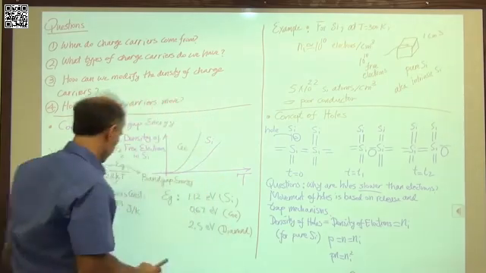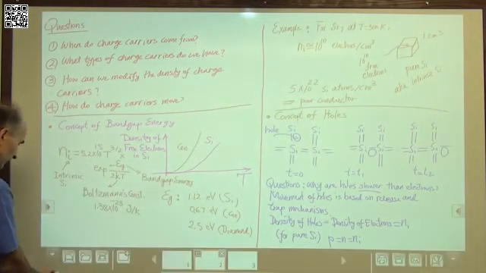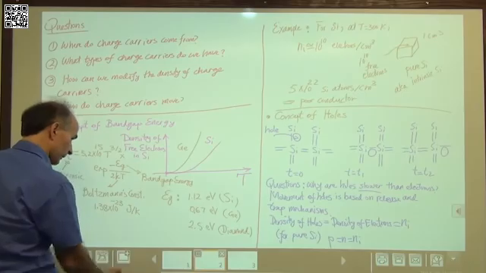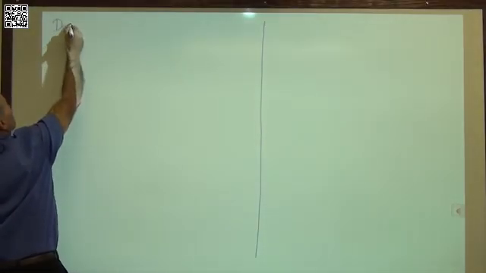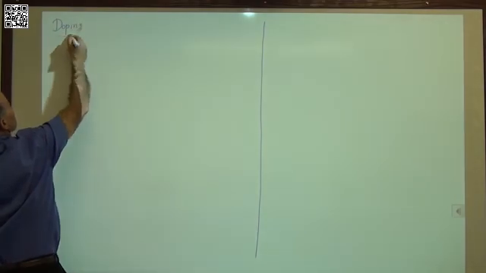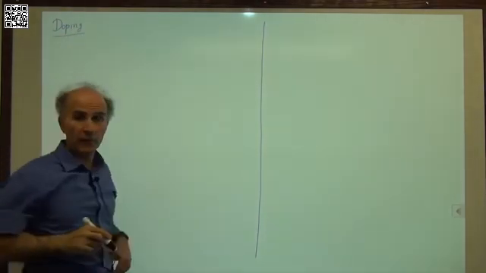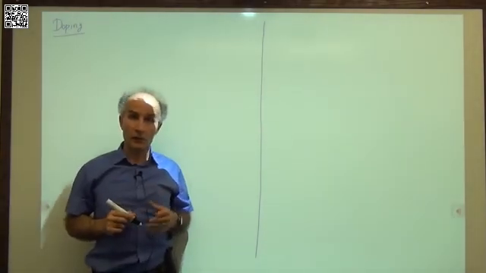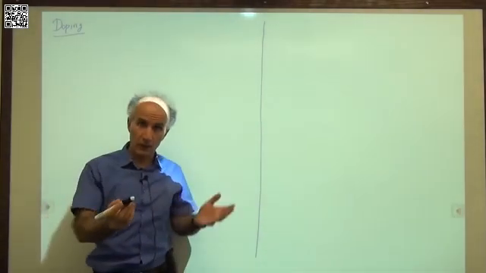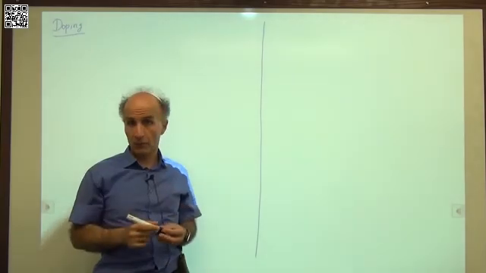All right, so that brings us to what we call doping. So let's go and add a page. So we need to answer the following question. How do we modify the density of charge carriers, meaning electrons and holes, in semiconductors, for example, in silicon?